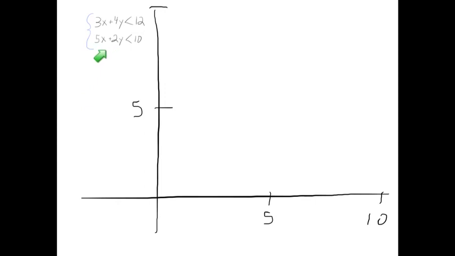So looking at this, if I cover up 3x because x equals 0, then I've got 4y equals 12. Divide both sides by 4, and we get y equals 3. That means that the point (0, 3) is here on our graph.